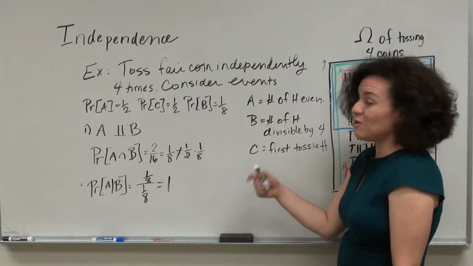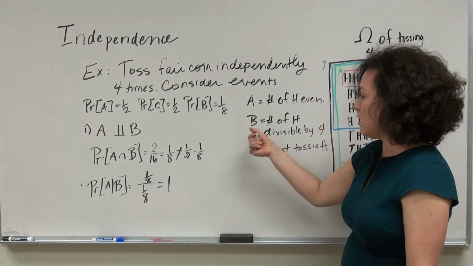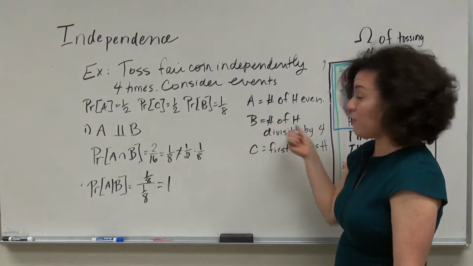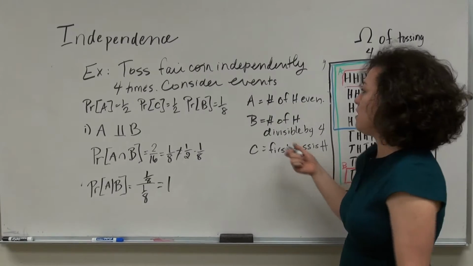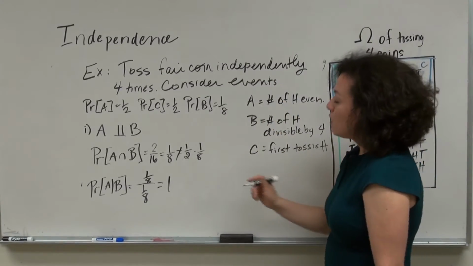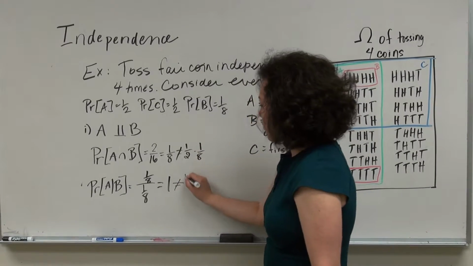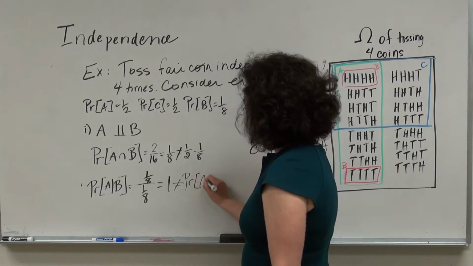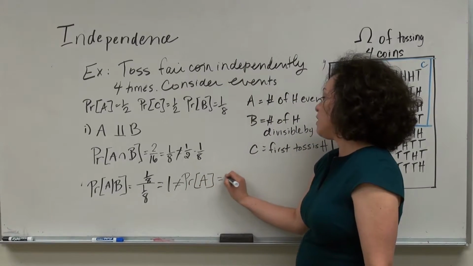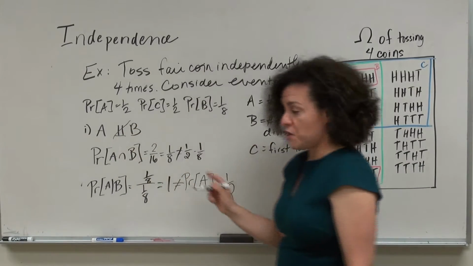You could also use logic to discern that by observing that if the number of heads is divisible by 4, then it would be even. The number of heads would be even also. So we can see that this does not equal the probability of A. So that is another way to show that these 2 events are not independent.